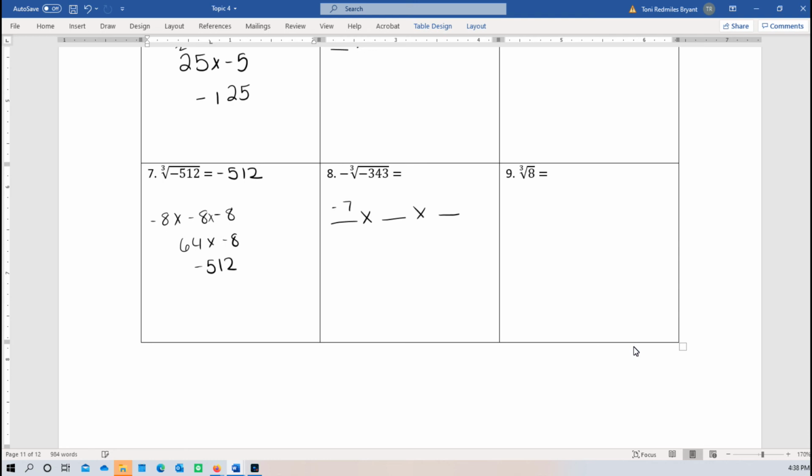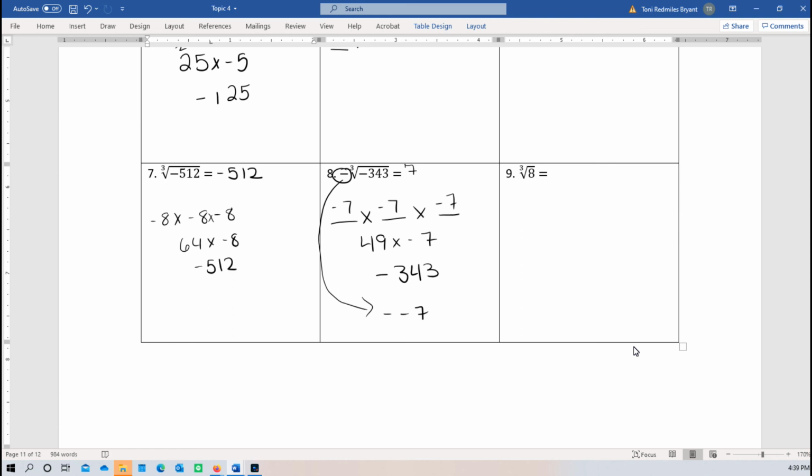So it's going to be negative 7 times negative 7 times negative 7. Negative 7 times negative 7 is 49, and that is going to be a negative 343. So I know it's negative 7, but then I've got to apply another negative. So that negative on the outside is kind of like take the opposite of. Take the opposite of a negative 7, which is going to bring it back to a positive 7.